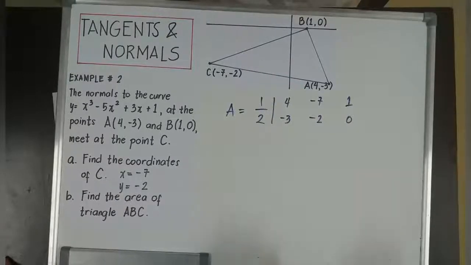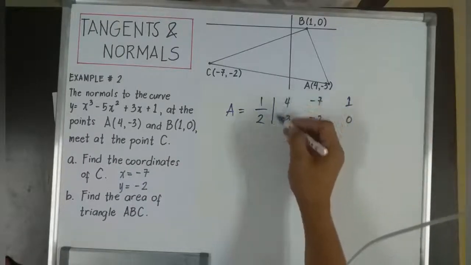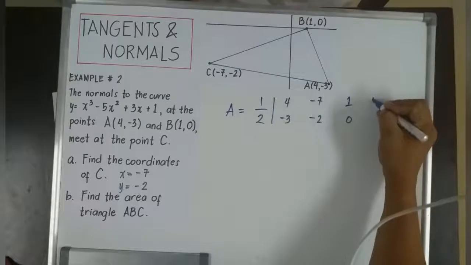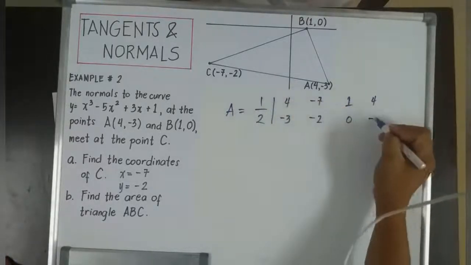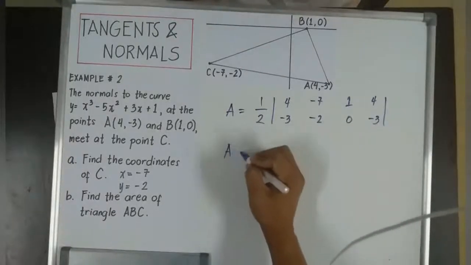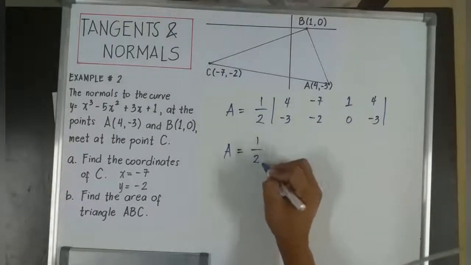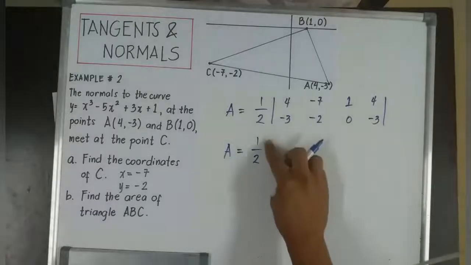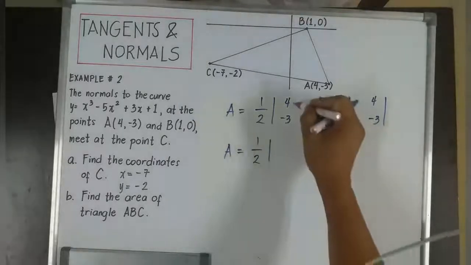Okay, next. I have to rewrite whatever comes first, or whatever you have written on the first. Okay, rewrite. After that, the area of the triangle will be equivalent to 1/2 times, it should still be a modulus sign, it will be 4 times negative 2.